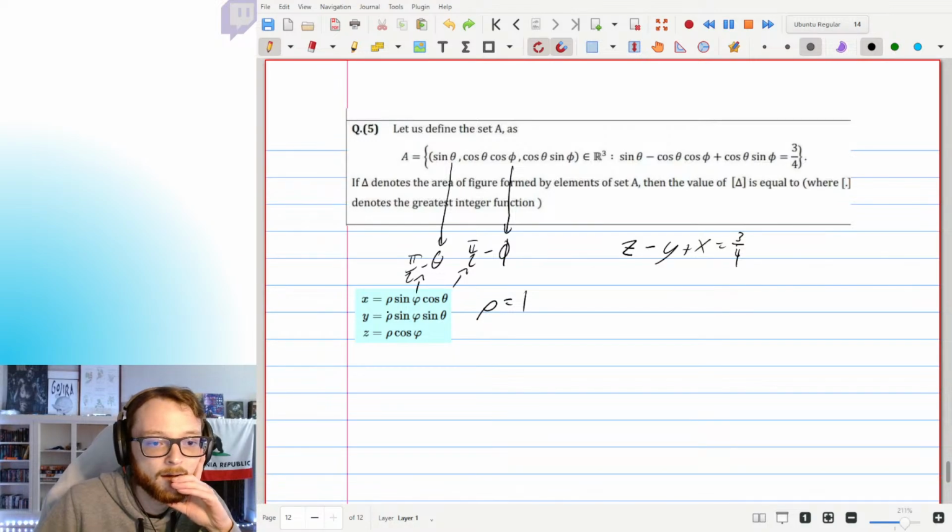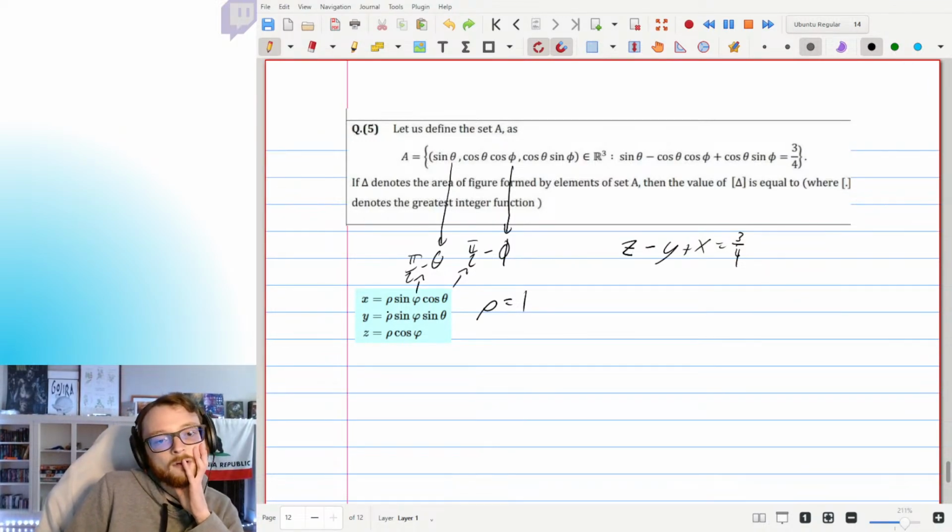So wait, for whatever reason, I was thinking of delta as a volume, but delta is an area of the figure. Right, it's not filled in. It's a shell, I guess? Looking for a surface area?